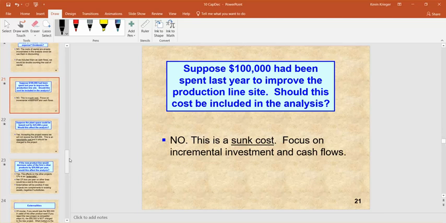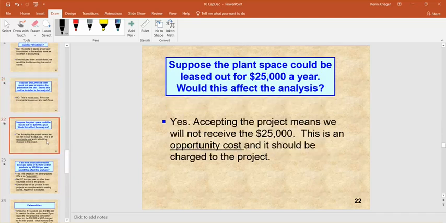And this is really hard in real life, by the way, for managers to deal with, because if they spent money to do something and then they don't even go through with the product, that's called throwing good money after bad. And everybody at least kind of pays lip service to the idea that, I wouldn't do that. Don't throw good money after bad sort of thing. But people do it all the time. They suffer and take on bad projects because they feel bad about having paid these sunk costs. So don't do that. Get over it.